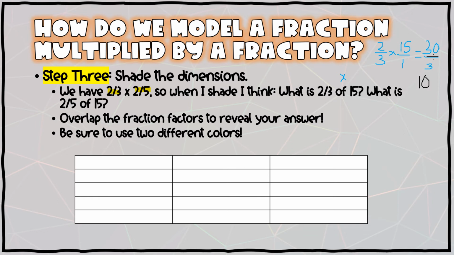So whenever you're shading, it's important to use 2 different colors. So my 2 different colors, I'm going to use green, and I'm also going to use purple. So I'm going to show my 10 with my purple. So I'm going to shade 10 spots. And it's important to shade them together, not all around, just for the modeling purpose.